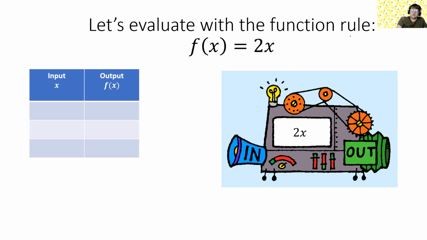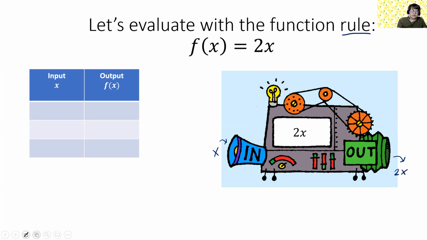And in this case, when I say rule, that's what our machine is doing here. Our machine is doing 2 times x. So when we put x values into the machine, when they come out the other side, they're going to be doubled because that is the rule of our function.